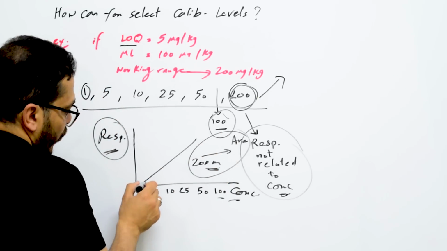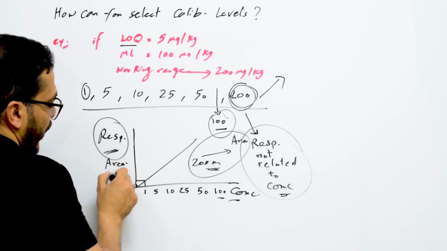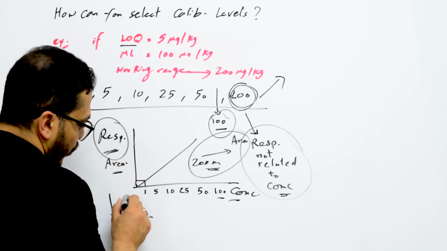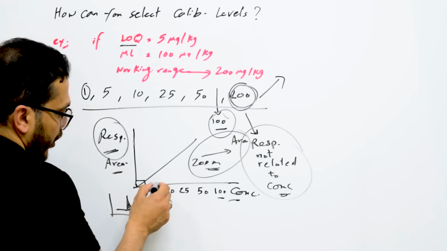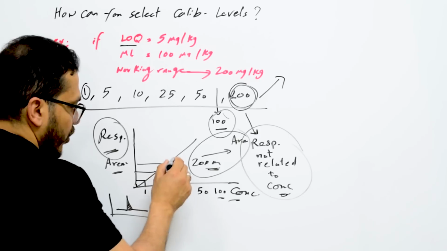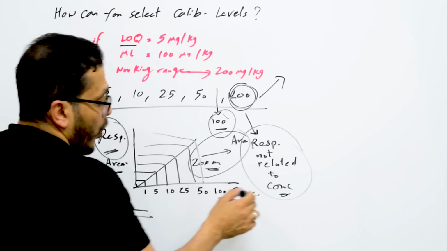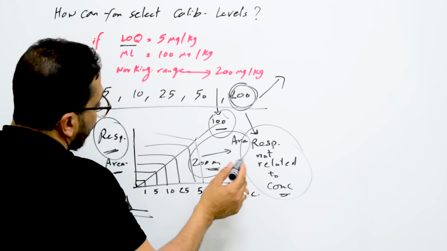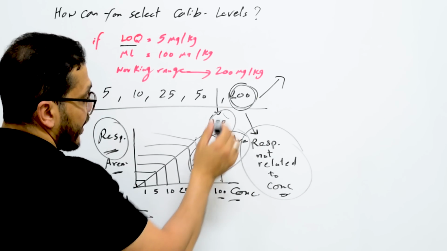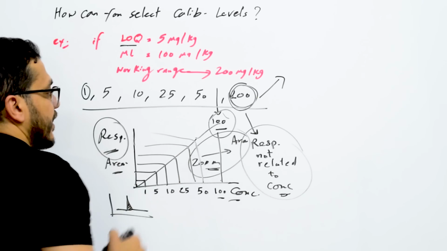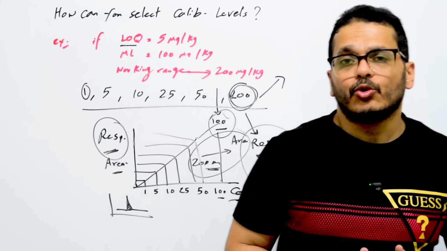But for every level here, one response, which is the area under the peak, is the response that you will get for each concentration. So 1, okay, 5, okay, 10, 25, 50, 100, all of them, and 200 if okay, so you can add it. Better to include it in these levels, and if not, as I said, you should dilute, but take care of this point: response should be related to the concentration.